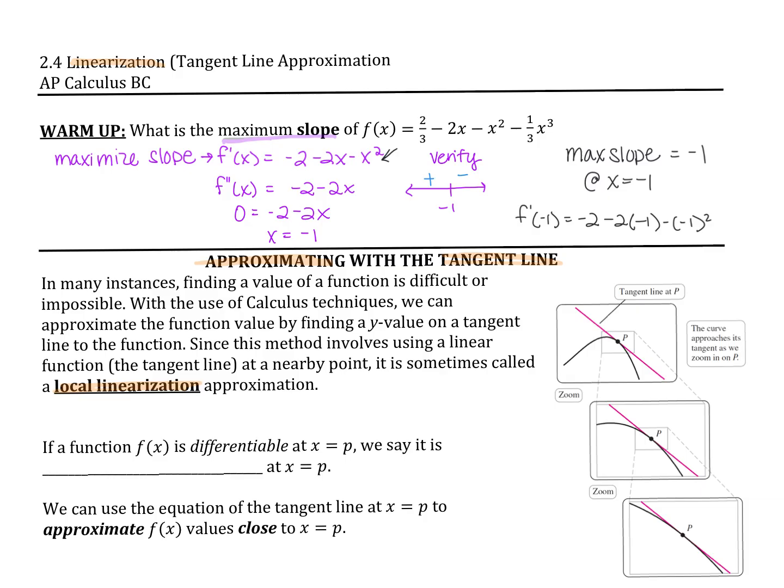So what is it? Well, we can use this line to approximate a value of a function even if we can't actually find the value of the function. And we do that using the tangent line or a tangent line approximation. So here's what this looks like.